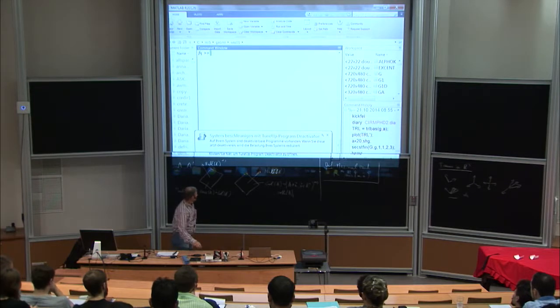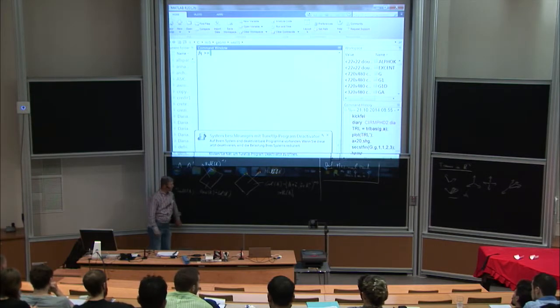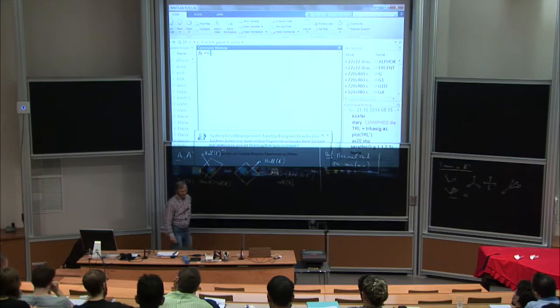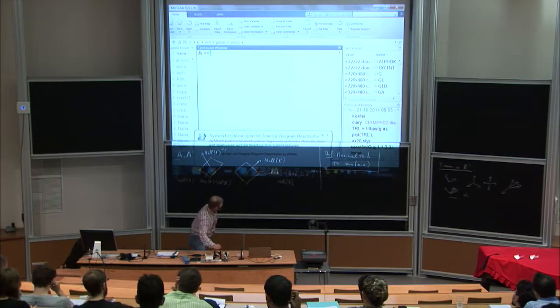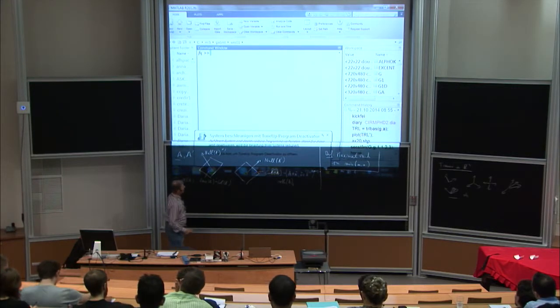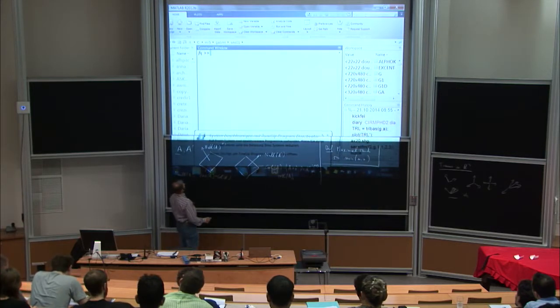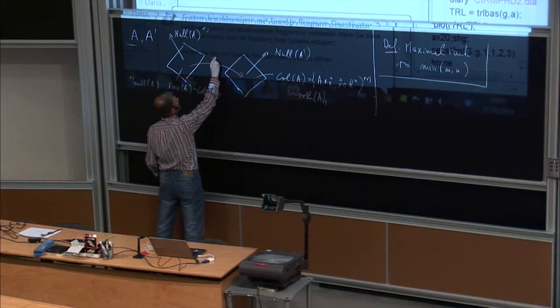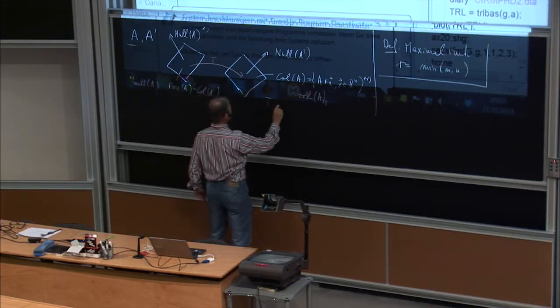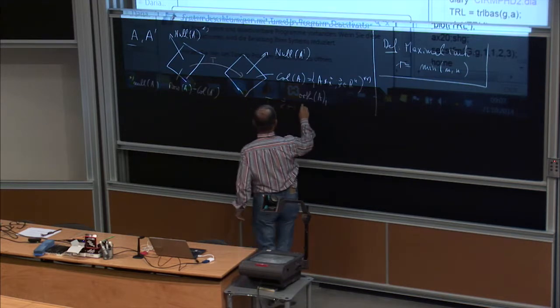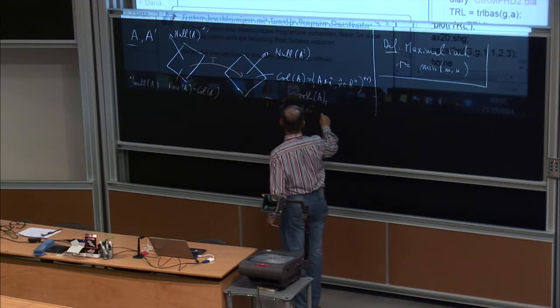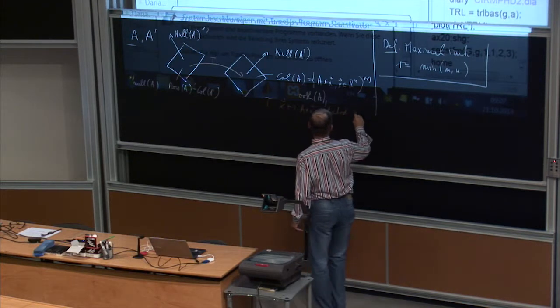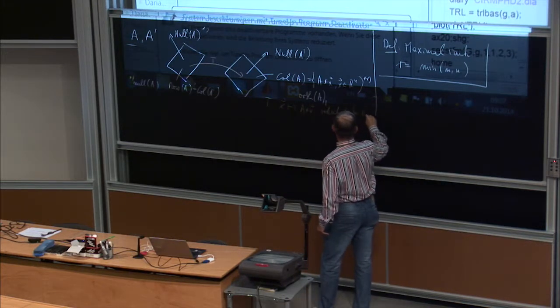So what does it mean in this picture? Actually, I have to complete the picture. I have to tell you, we have a mapping here, which is T, and T is just x goes to A multiplied with x, restricted to the column space of A prime.